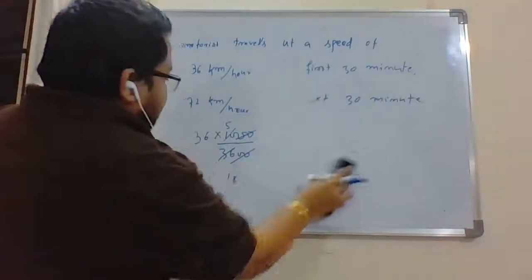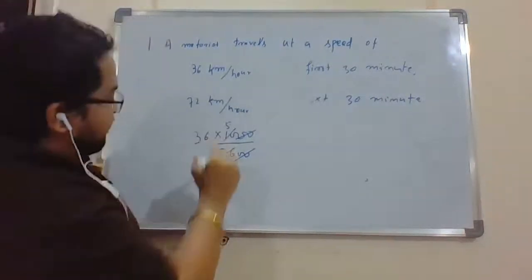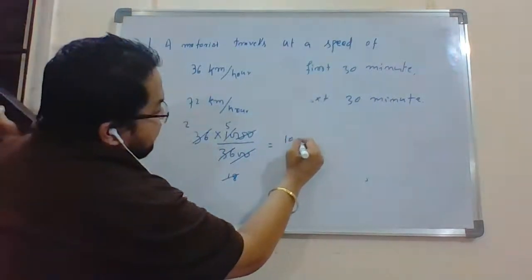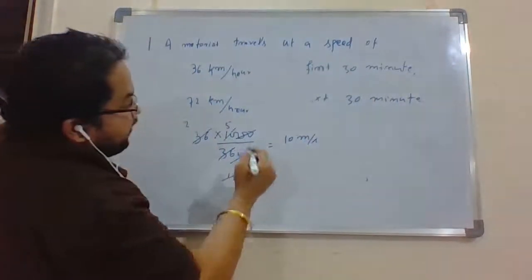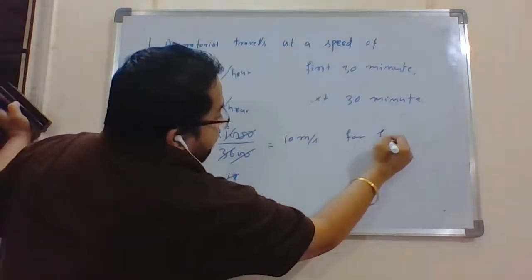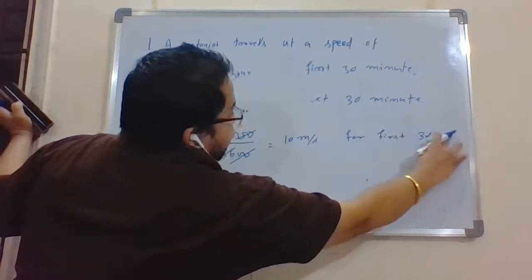In this scenario, it will be 36 into 5 by 18. So 18 twos, this will be 2, so this is nothing but 10 meter per second. So it traveled at 10 meter per second for the first 30 minutes.